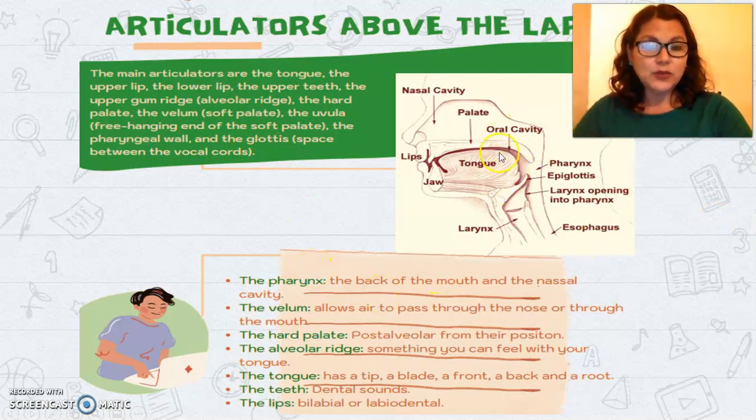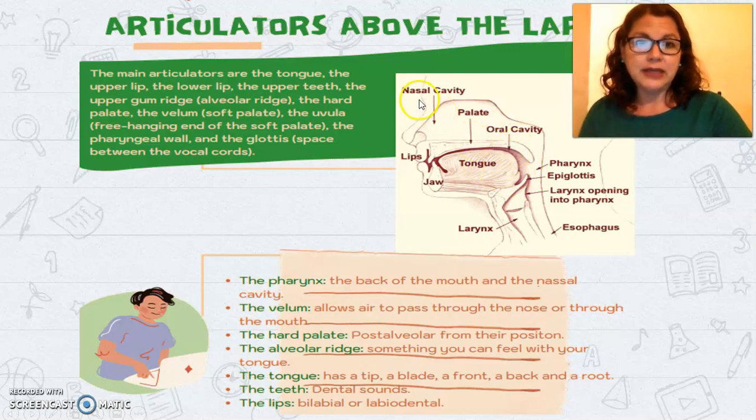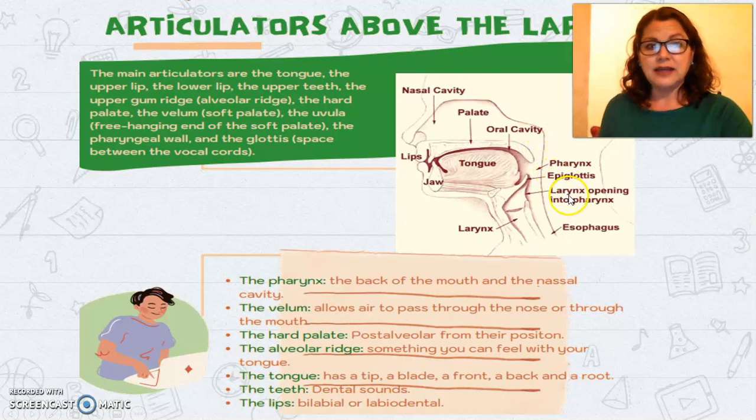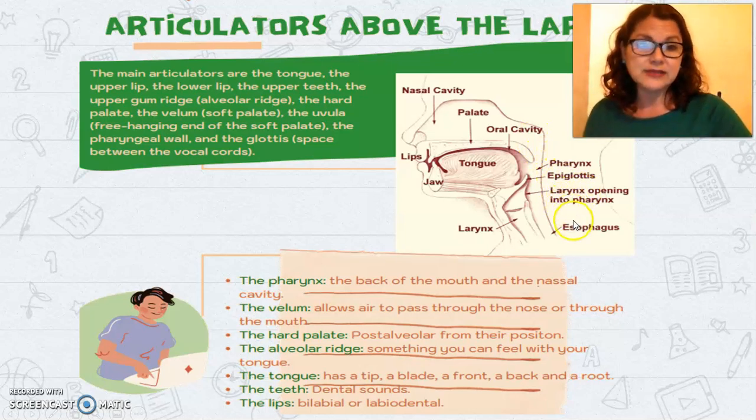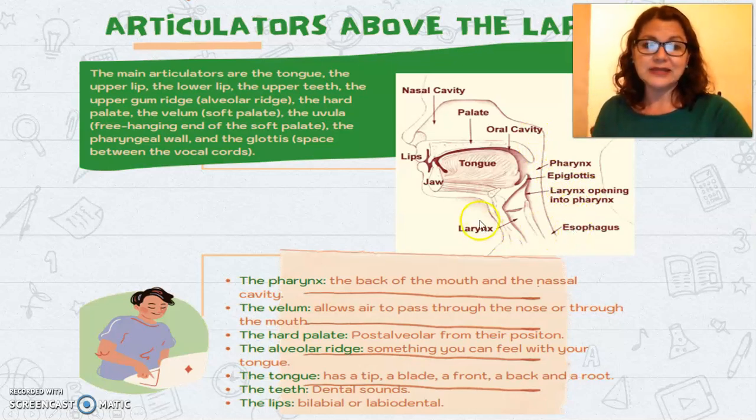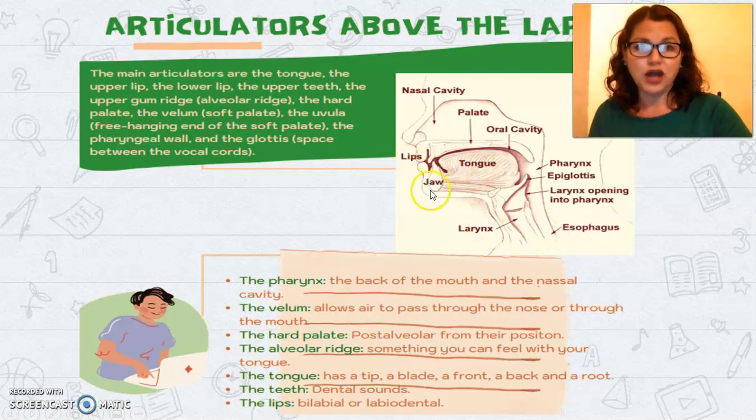We can see here this diagram, and we can see those articulators, okay? Palate or cavity, pharynx, glottis, larynx opening into pharynx, esophagus, larynx, the tongue, the lips, the jaw.